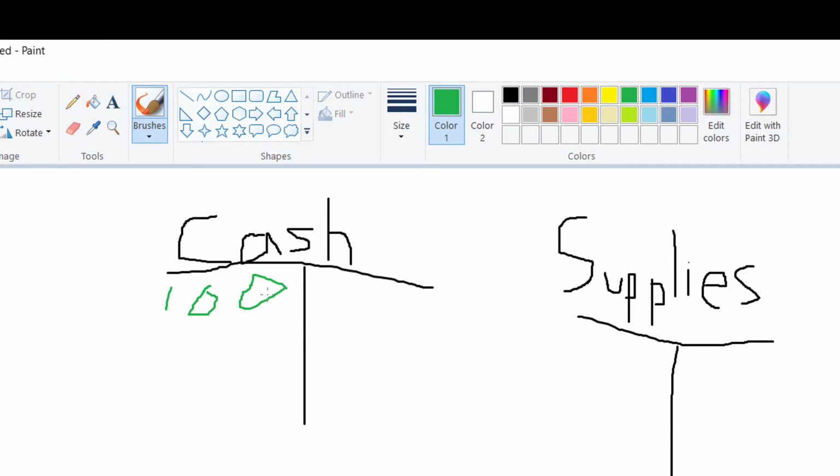Maybe that's my beginning balance. If I then buy some supplies for $10, I would credit cash for $10, and I would debit supplies for $10 as well. And again, these are called T accounts.